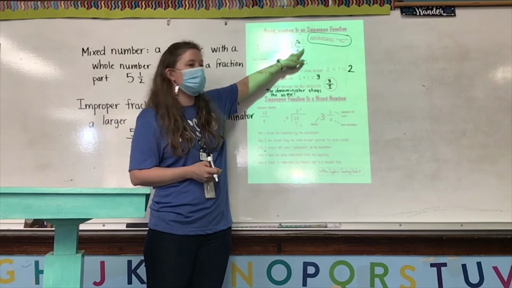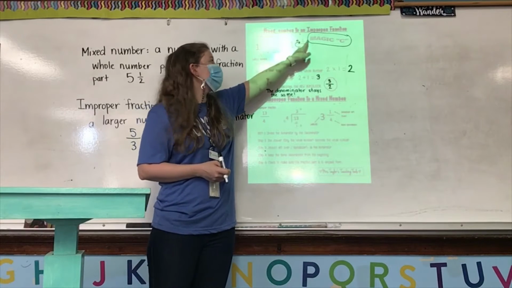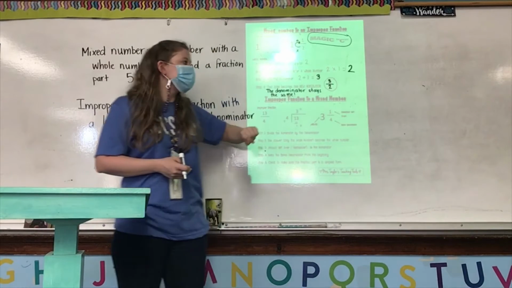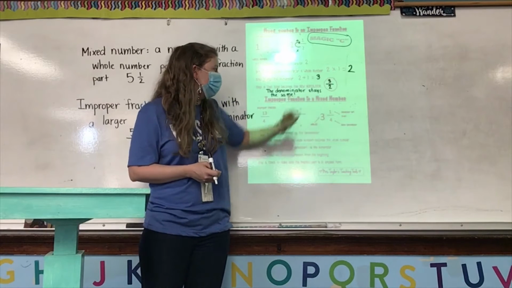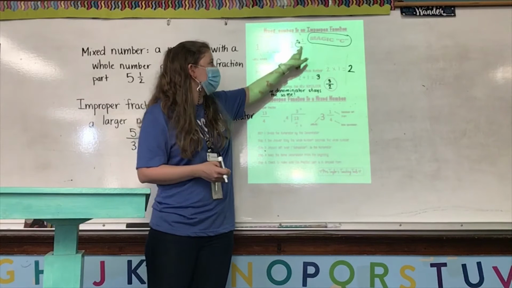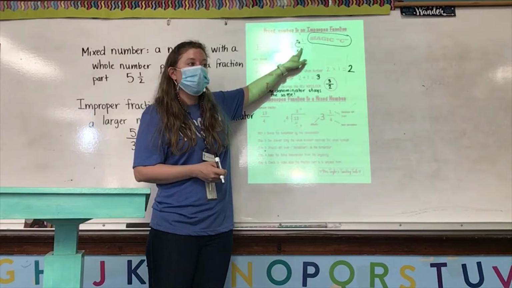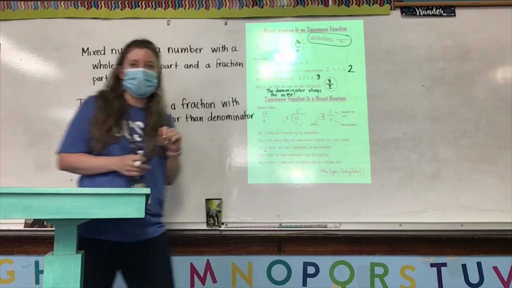Step 1, start with the denominator. Step 2, multiply the whole number. Step 3, add the numerator. Step 4, the answer to that magic C is your new numerator. The denominator stays the same. Remember the magic C. We multiply first at the bottom, and then we add at the top.